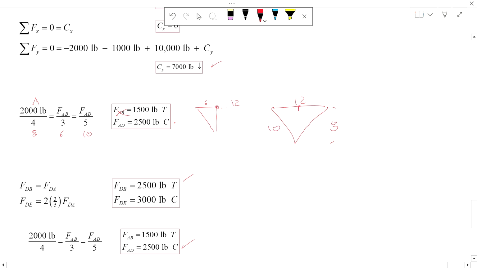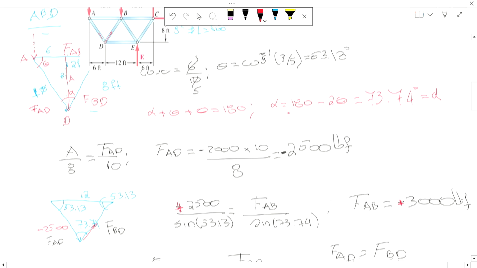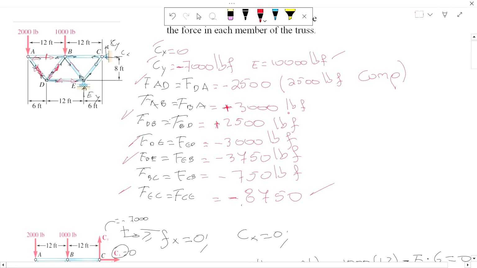So they're just using half of this. So really, this is the answer. We have B to A in tension, so this force is in tension. D to B is also in tension, and everything else is in compression.